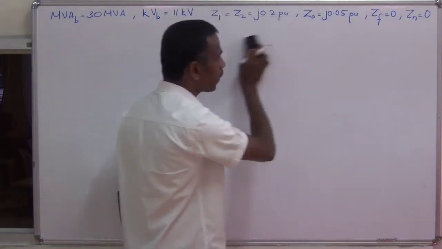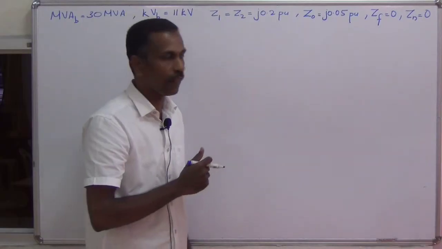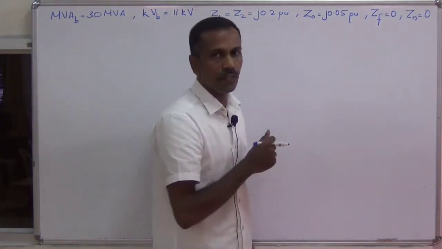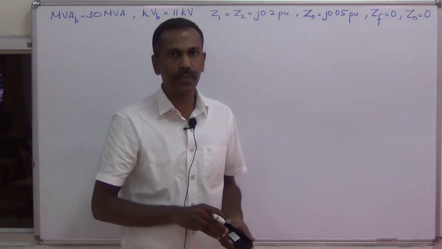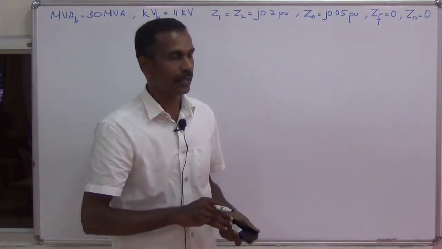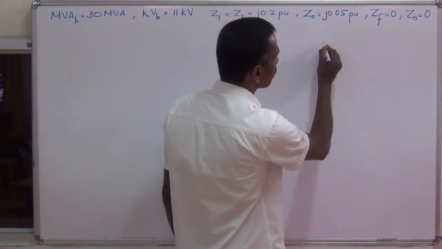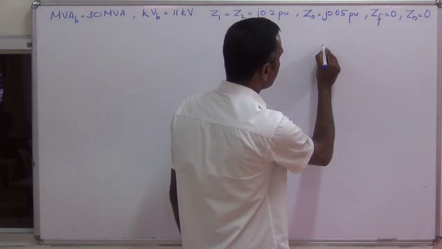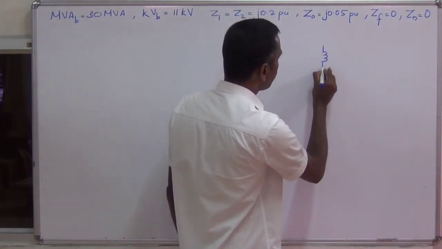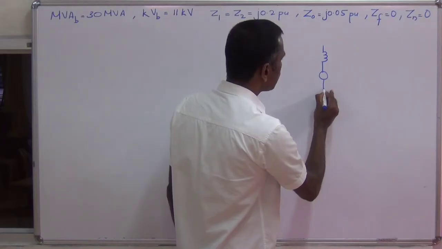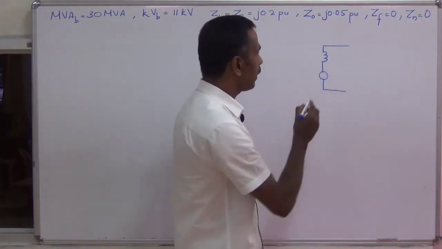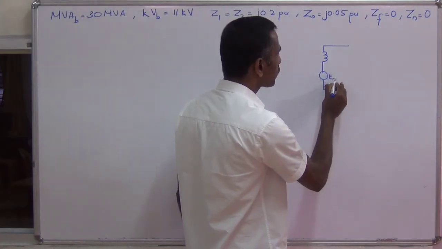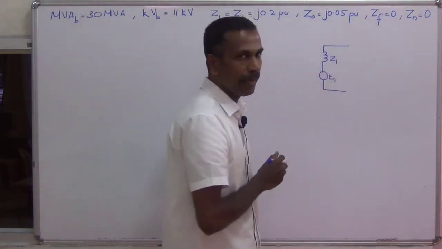Let me draw the sequence network for a line to line fault. In the line to line fault, we have positive sequence network and the negative sequence network in parallel connection. This is the positive sequence network in which we have a voltage source and a positive sequence impedance.